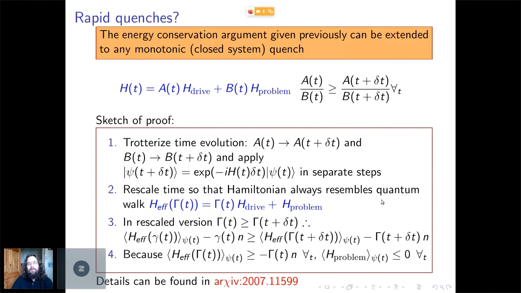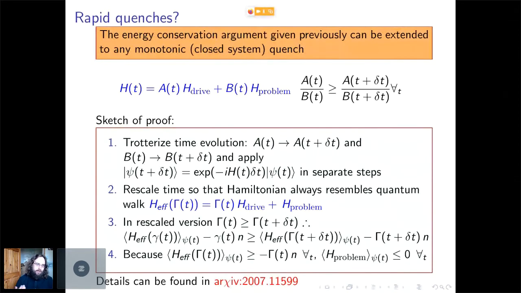But what you can show is, if you have a monotonic schedule, you can split your time evolution into little time slices and then say, okay, I'm going to consider an instantaneous change in my Hamiltonian, then a little quantum walk for a short period of time, then another instantaneous change, kind of like a stair step.